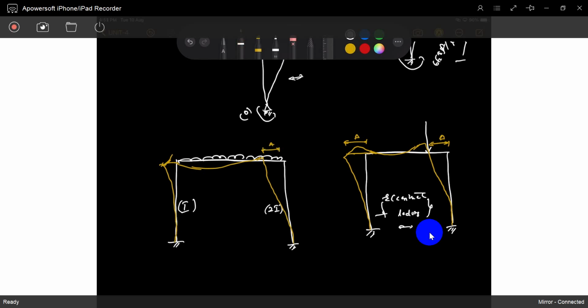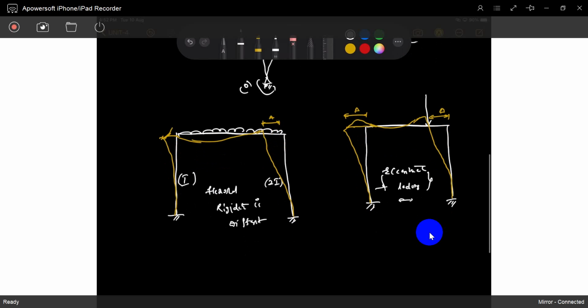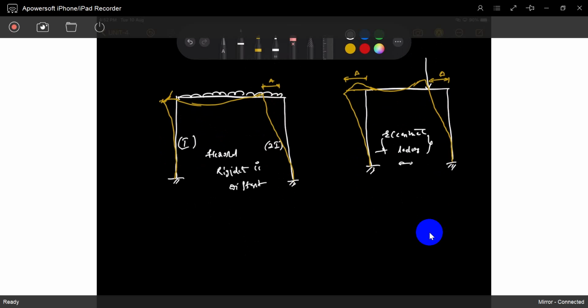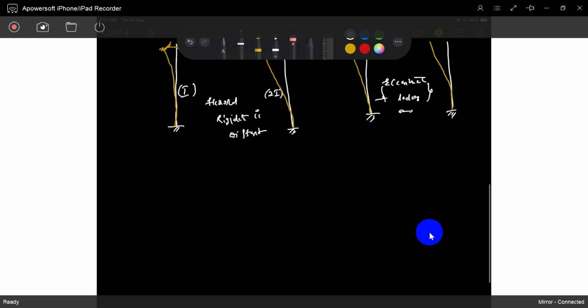Eccentric cause, so flexural rigidity is different. Are you understood? So next, another phenomenon. This one has length L1 and this is L2.